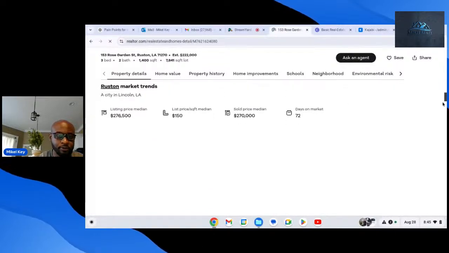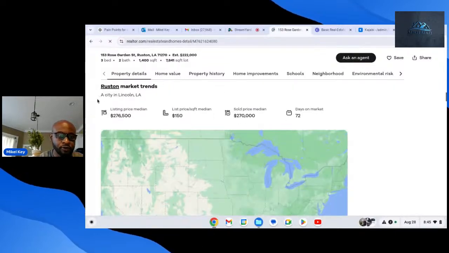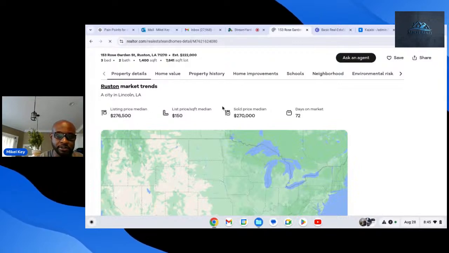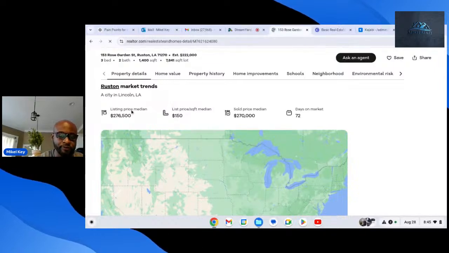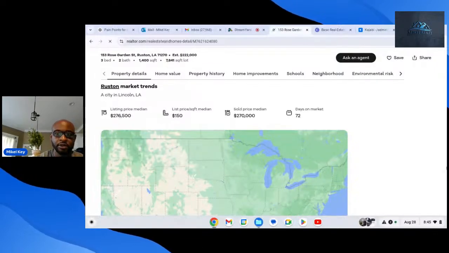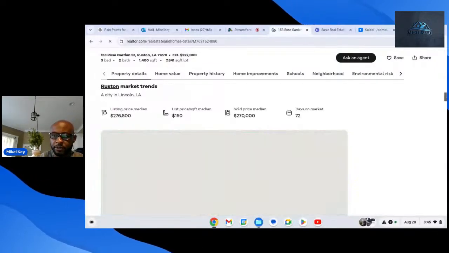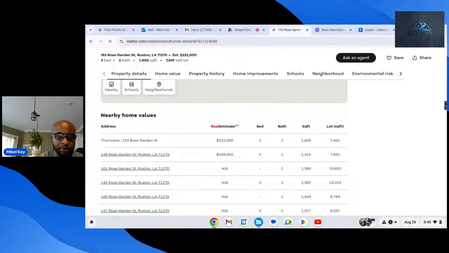If you go all the way down in Ruston, it gives you the median listing price, $276,000, and the median list price per square foot, that's the price per square foot I was talking about, $150 a foot. If you play around with the data, it gives you all kinds of data.